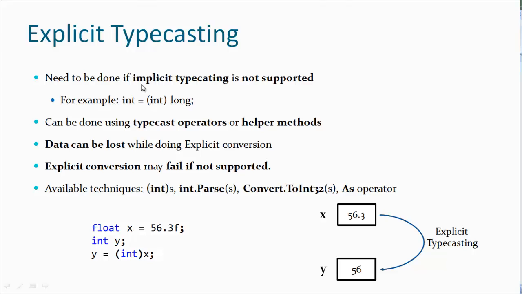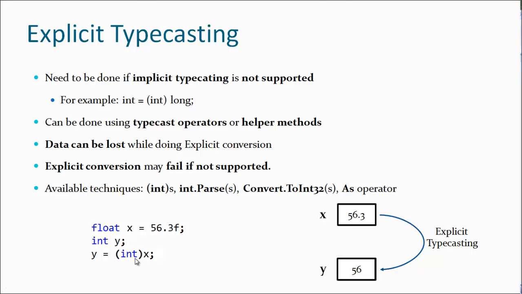Explicit typecasting needs to be done if implicit typecasting is not supported. For example, when you want to assign a big data type to a smaller one. Here you can see that we have one float variable and one integer variable. Now when we want to assign x to y, we first need to convert x to an integer value.